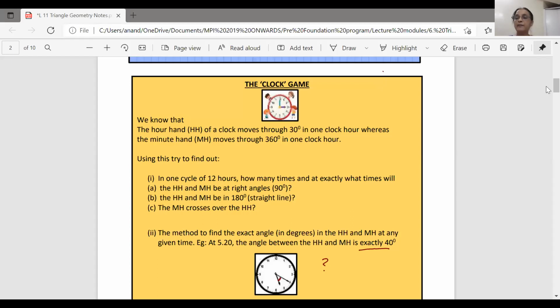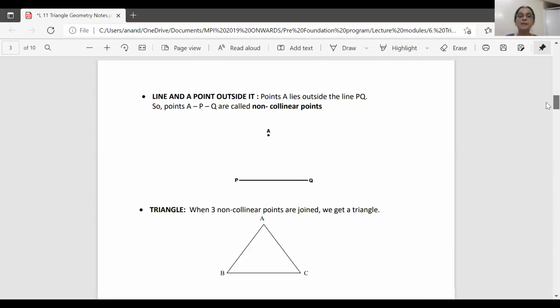This is your game, okay? And with this game, you will be able to enjoy a lot, find out so many things, ask riddles and puzzles to your friends, and start taking maths as entertainment and fun and not as a burden.